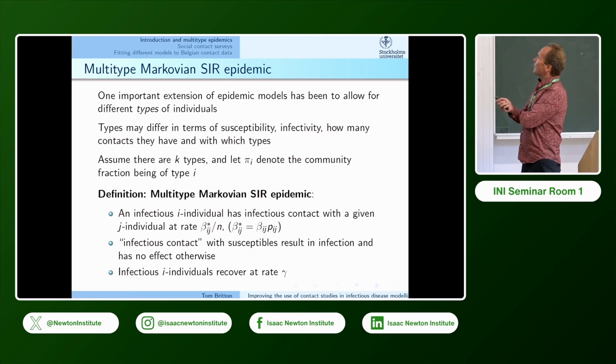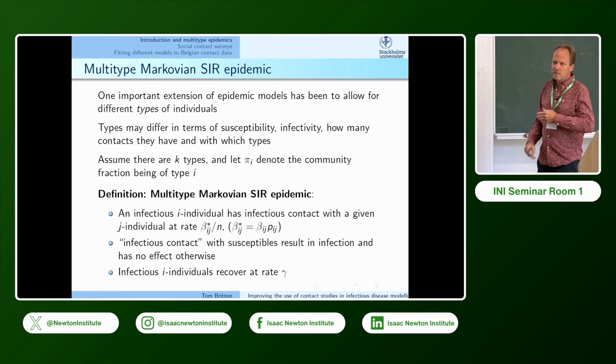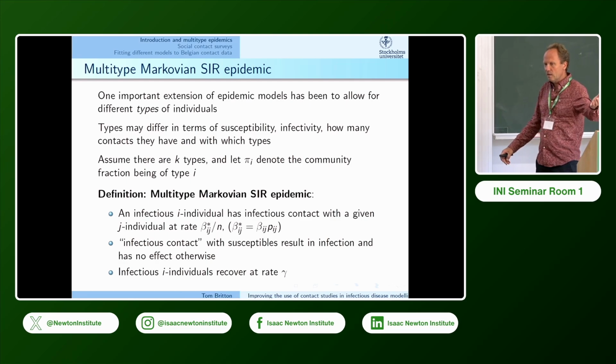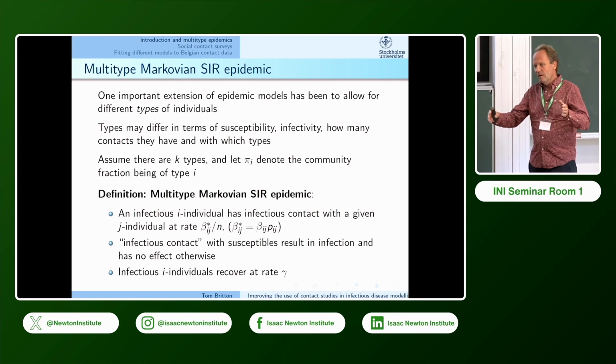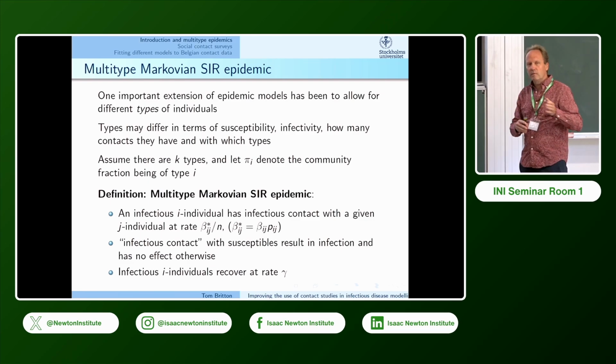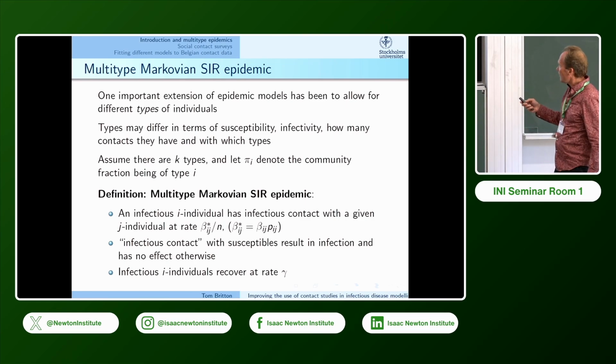So a multi-type epidemic is when you classify individuals into different types, and you assume that the contact rate between an i individual and a j individual might differ between the different types. The homogeneous model says everyone has contact with everyone else at the same rate, but in a multi-type setting, it might be that kids have more contact with other kids as opposed to with 50 to 60-year-old people, or something like that.